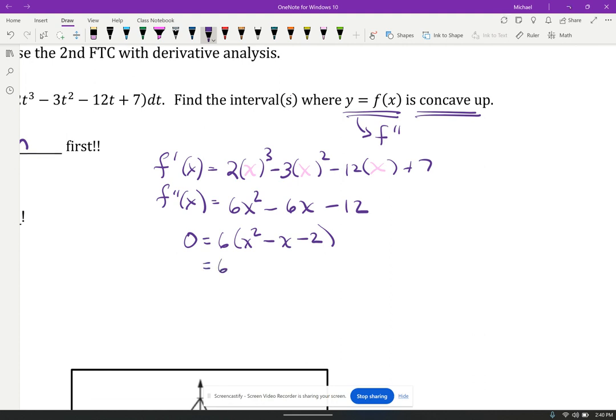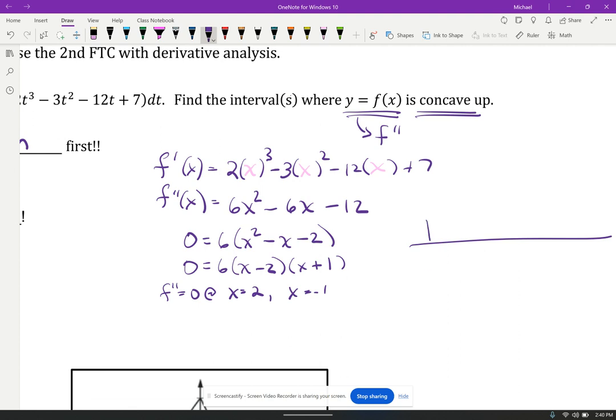And now I see that I can factor this into x minus 2, x plus 1. If you don't know how I did that, we can talk about that individually, but we just factored it out. Why do we do that? Because now we know at x equals 2 and at x equals negative 1, the second derivative is equal to 0 at those 2 points.